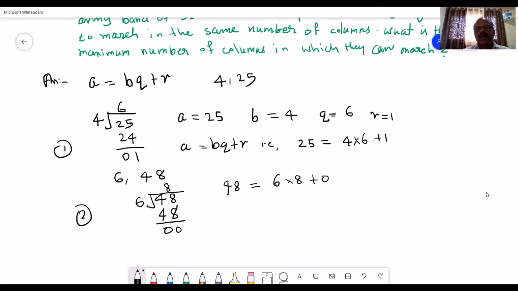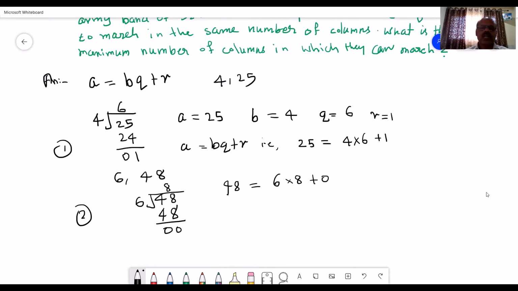In the case of 6 and 48, we got this answer very easily: 48 = 6 into 8 plus 0. But when the number is bigger, you are not going to get the answer that easily. In that case, steps have to be performed step by step, and finally we will get it.